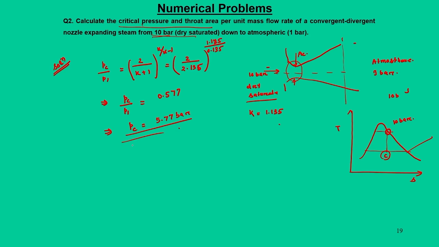Other conditions we require are the throat area. To calculate this throat area, we also require the mass flow rate. So, from this we have to refer to the steam table.